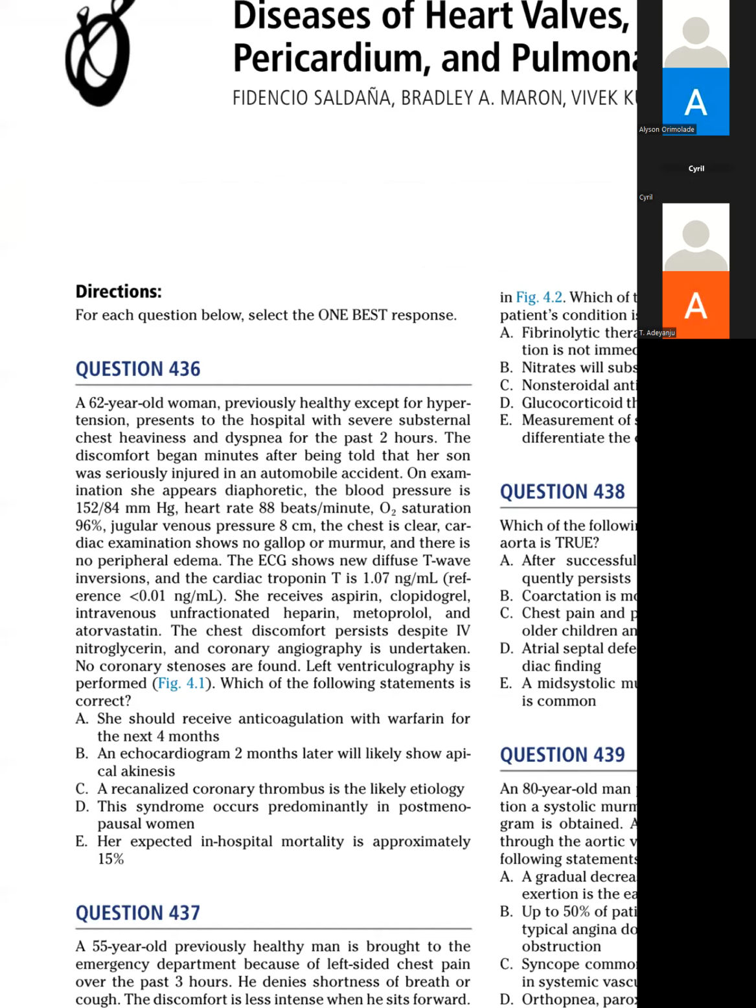A recanalized coronary thrombosis is the likely etiology. This syndrome occurs predominantly in postmenopausal women. The expected in-hospital mortality is approximately 15%. I think by the fact that we have this dilatation at the apex of the left ventricle, I naturally will go for the anticoagulation for the next 4 months.